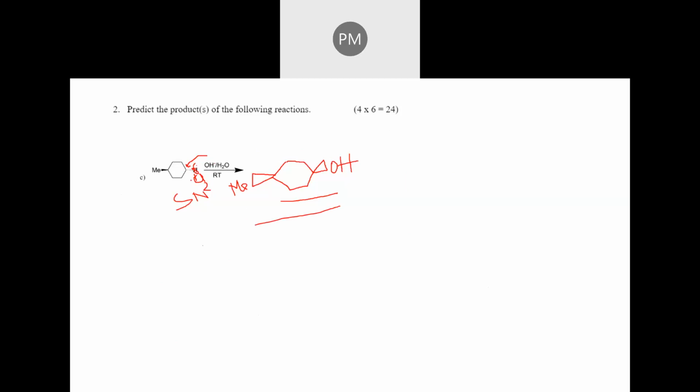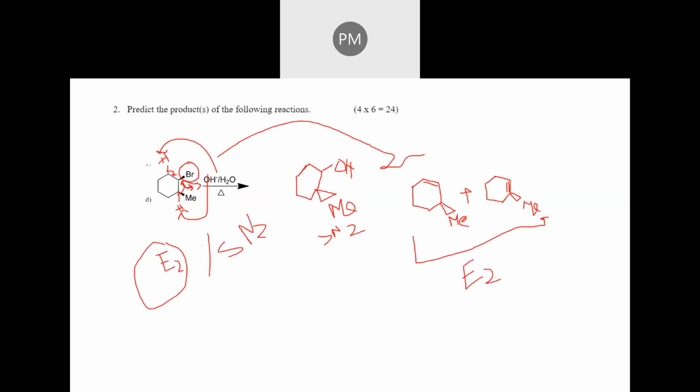For SN2, if our leaving group is below the plane, the nucleophile attaches from above the plane, and if the leaving group is above the plane, the nucleophile should attach from below the plane like this.